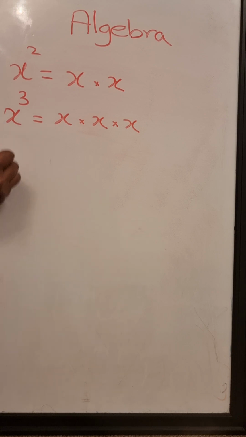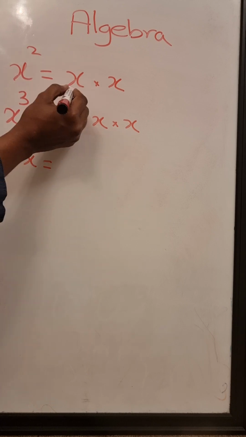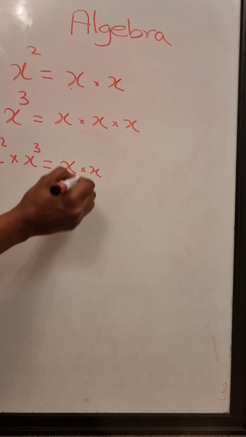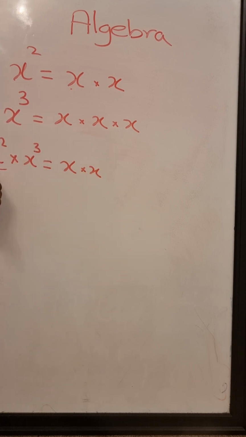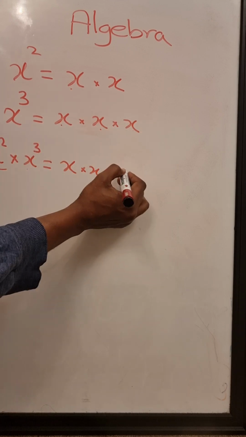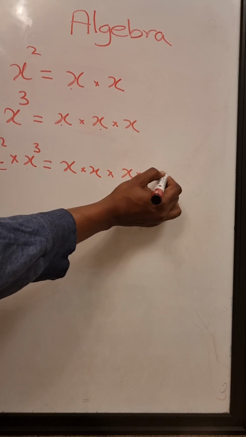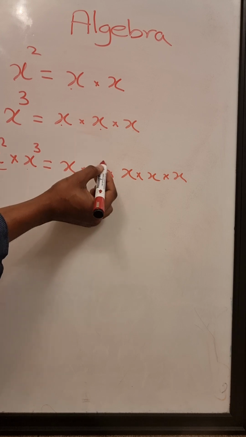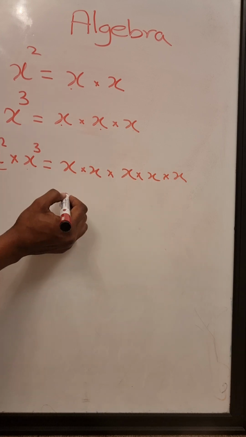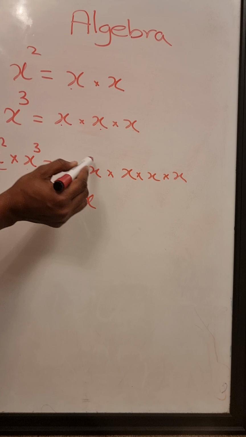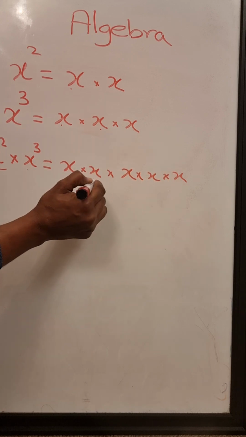So if we say x squared times x cubed, this would equal x times x, times x times x times x. We have x to the power 1, five times. So that will equal x to the power, we can add the powers: 1, 2, 3, 4, 5. x to the power 5.